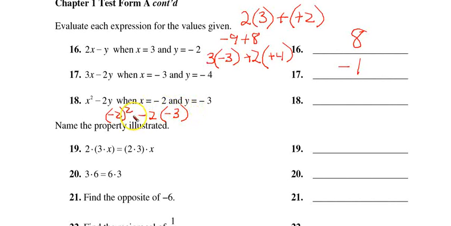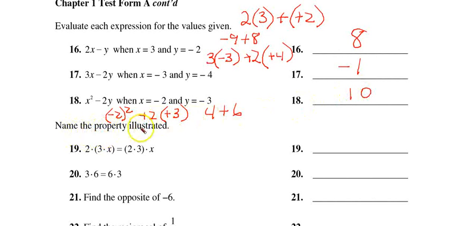So, negative times a negative, again, makes this a positive. Now, a negative 2 squared, an even power, is going to make this a positive. Negative 2 times negative 2 is a positive 4. So we have 4 plus 6 makes this a 10.